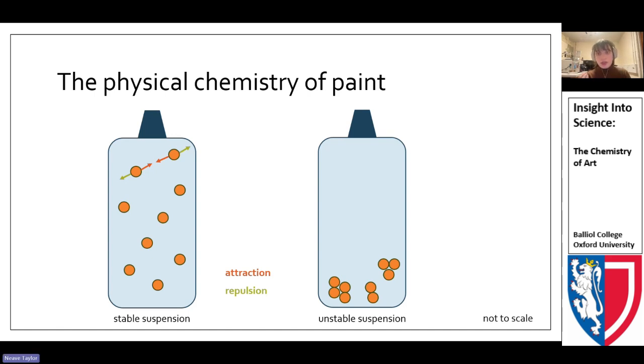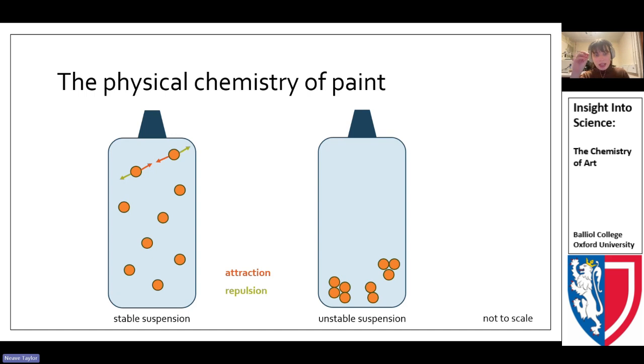In a good, stable colloidal suspension, these particles will be repelling each other enough that they're going to stay away from each other. So on the right-hand side, we're seeing the situation where we haven't tuned our solution and our particles appropriately. So they all end up clumping together or coagulating. And usually that will make them dense enough that they'll end up falling out of the solution and collecting on the bottom of our container.